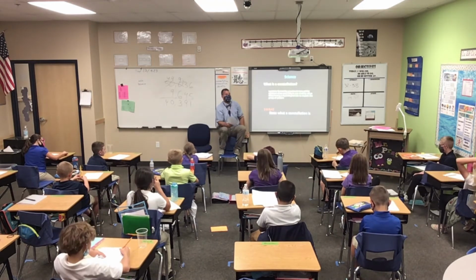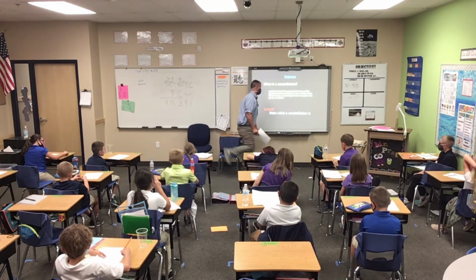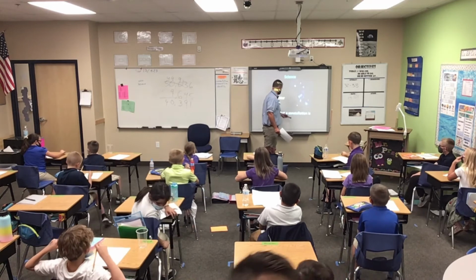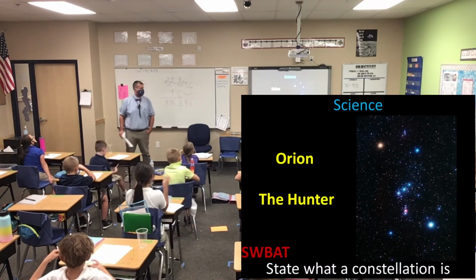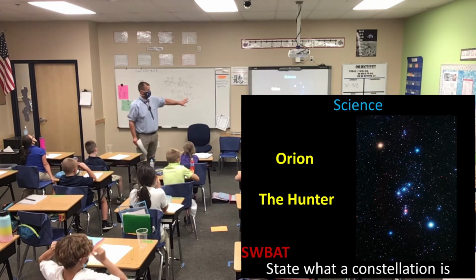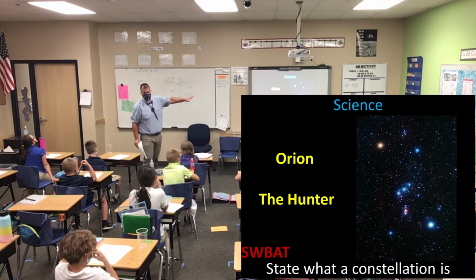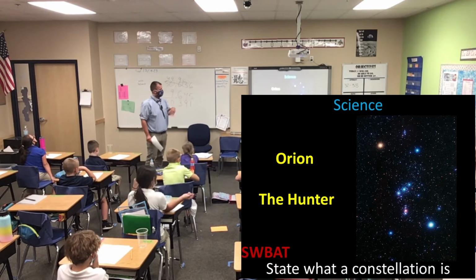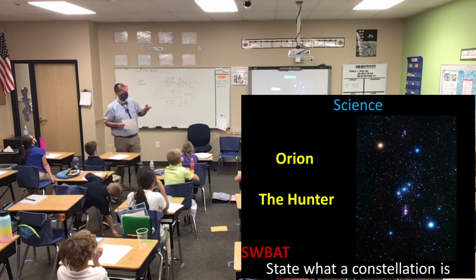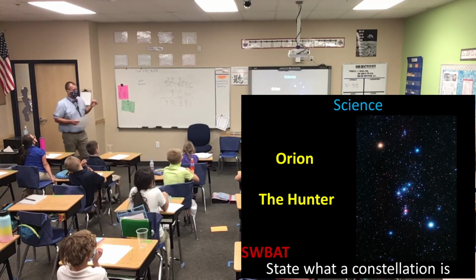So, I've stolen long enough. Hopefully you had it written. If not, I'm sorry. The idea of constellations then is that we take a group of stars in the sky and we use the prominent ones, meaning the brighter ones, to make some kind of shape. So what you are looking at there is Orion, who is the hunter.